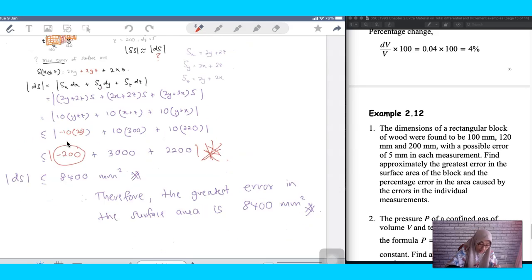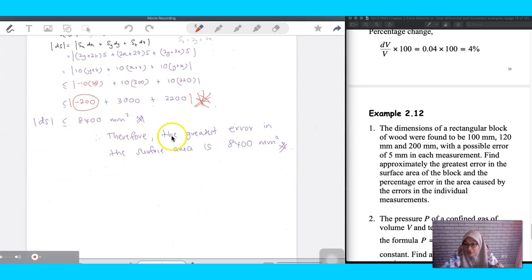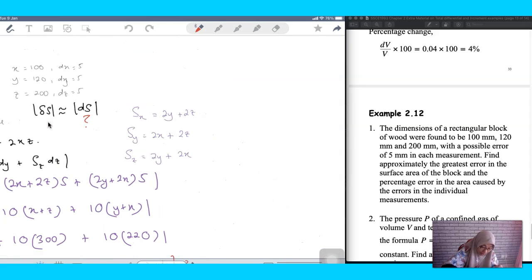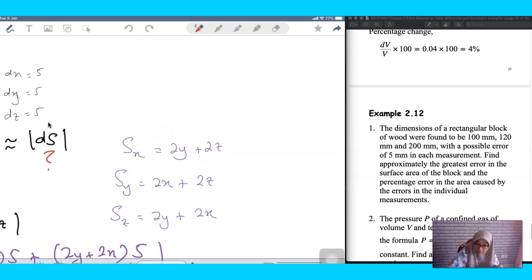All right, that is the first question. You can see that there are two questions in this example. Find the maximum error, which we have done, and the percentage error in the area. They are not just asking us to get the maximum error, but also the percentage error.